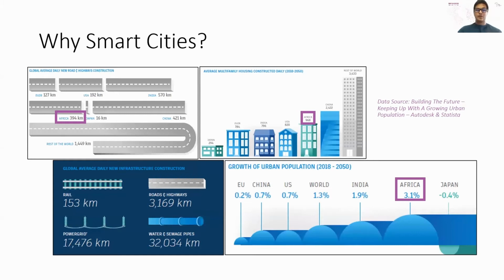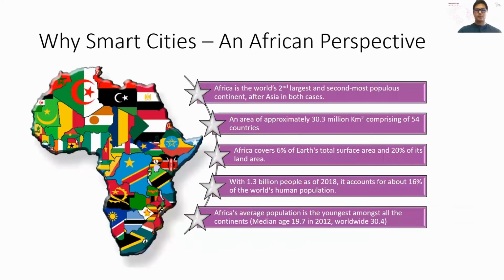You can see those numbers are quite staggering, as well as scaling it to a daily requirement. That is quite huge numbers. And this is what smart cities will help us achieve in a much more resilient, sustainable way, so that our infrastructure actually lasts longer.